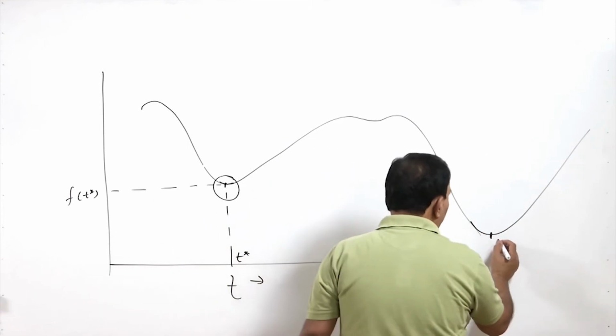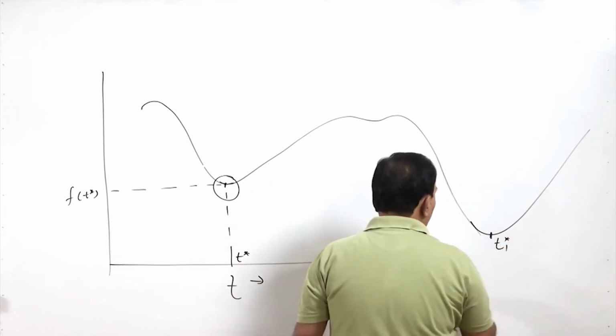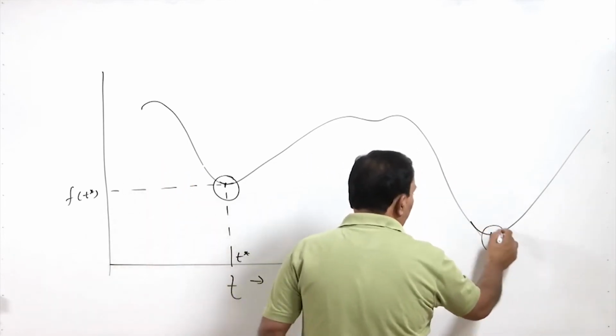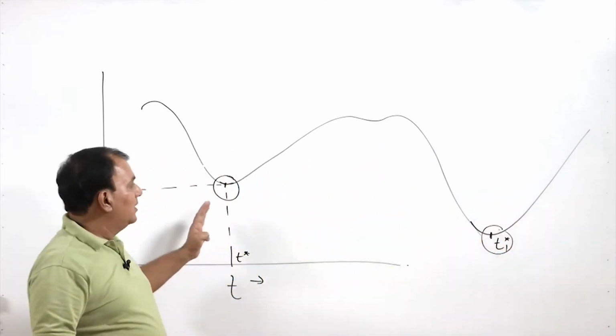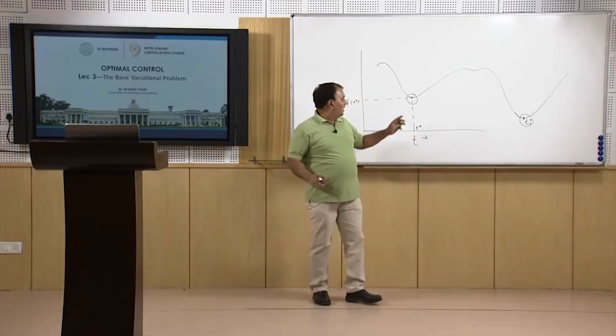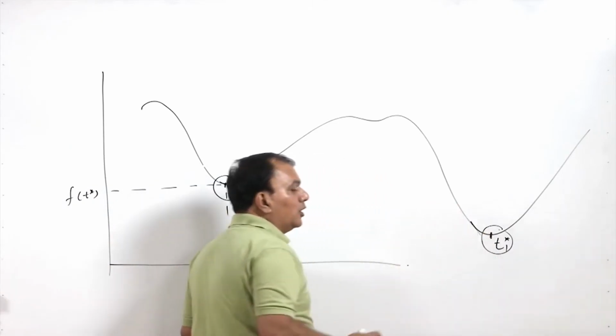This may be, say, t1 star. So, if I expand the region so that it can cover the whole space, in that case I say this is my local minima, but this other point will be the global minima.